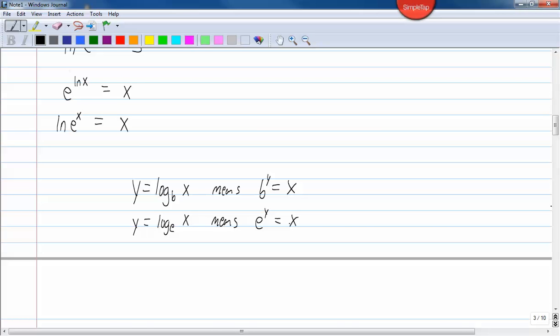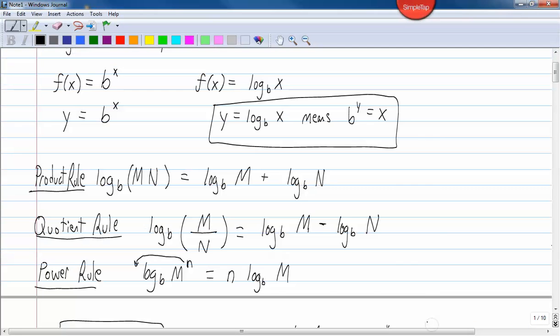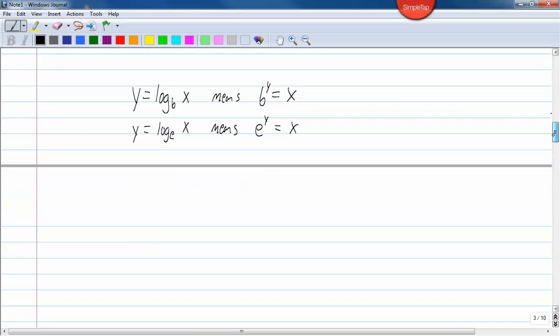Alright, now all of these rules with log base b, they still all apply with natural log, because natural log is just a special logarithm. So the natural log of a product is equal to the natural log of one of the factors of the product plus the natural log of the other factor.